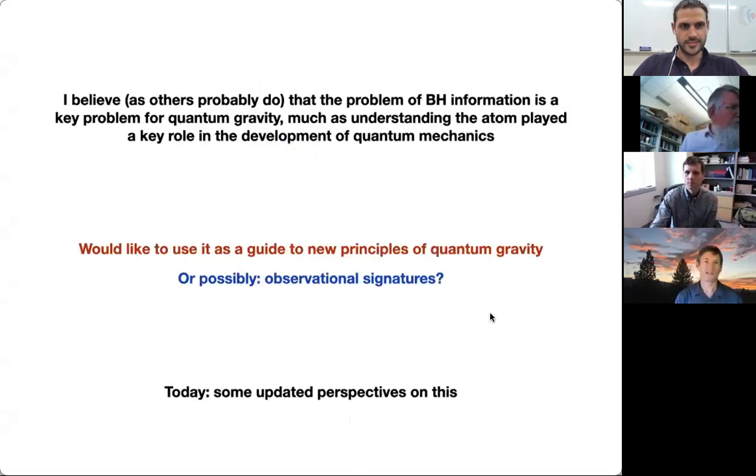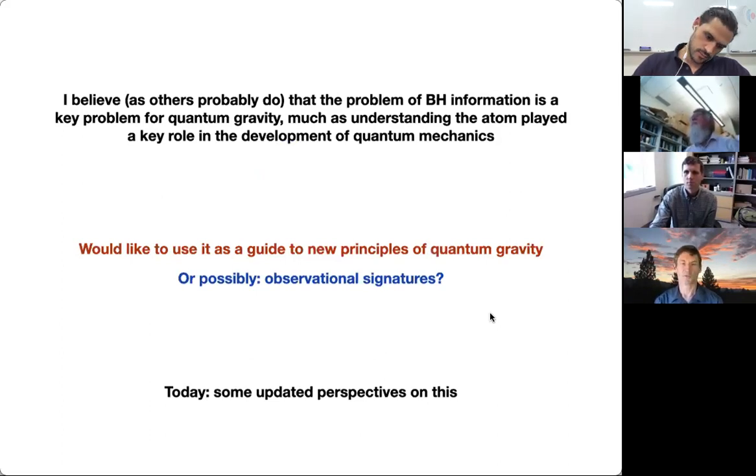I've long believed, and I think others probably do to varying degrees, that the problem of black hole information is really a key problem for quantum gravity, much as understanding the atom was a key problem in the development of quantum mechanics.